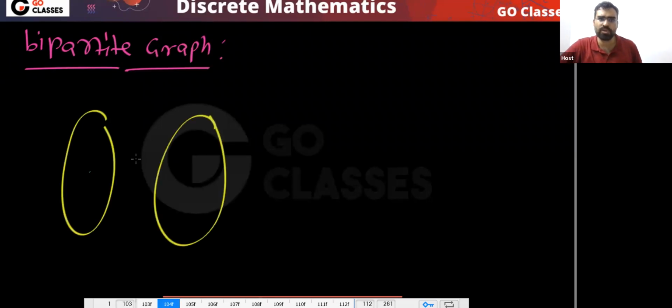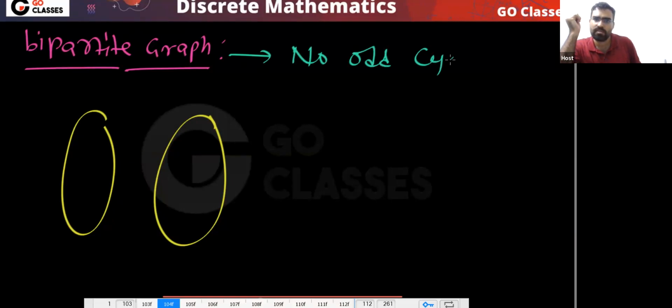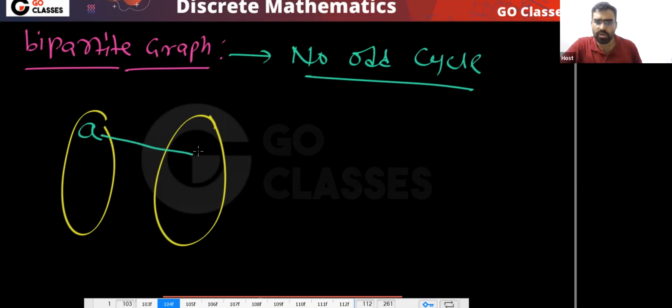See what will happen in a bipartite graph. In a bipartite graph, can you create an odd cycle? Let's try to create an odd cycle. Can I create a cycle of length 3?